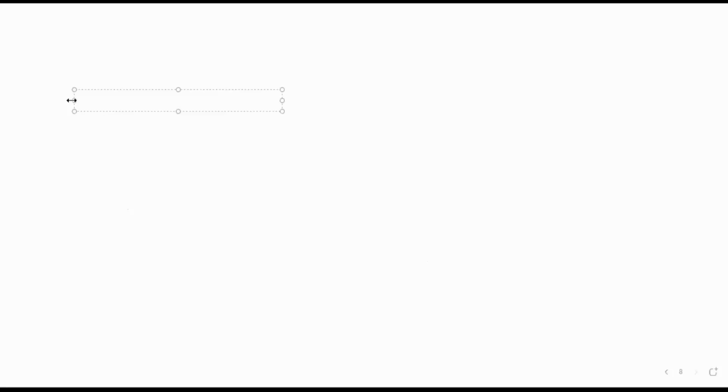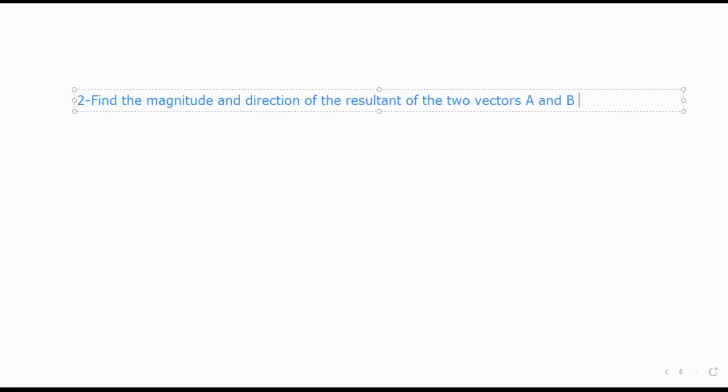So the problem says find the magnitude of the resultant of the two vectors a and b in terms of their magnitudes and the angle between them. So see, in the last lecture we had studied vector addition also.